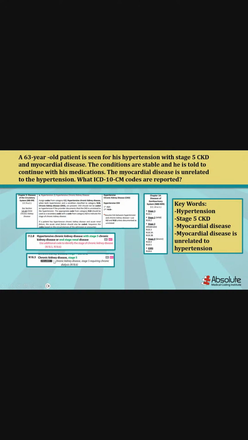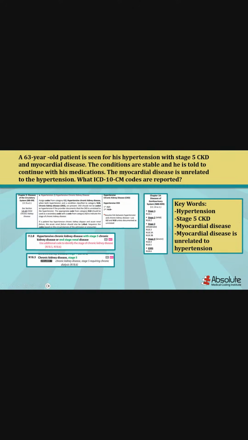And we're going to be using N18.5, chronic kidney disease stage 5, because it doesn't say to use end stage. It doesn't say end stage renal disease. It says stage 5. So that is why we're going to be using code N18.5 and not N18.6. So those are going to be those two codes. And then lastly, we have to code for the myocardial disease.